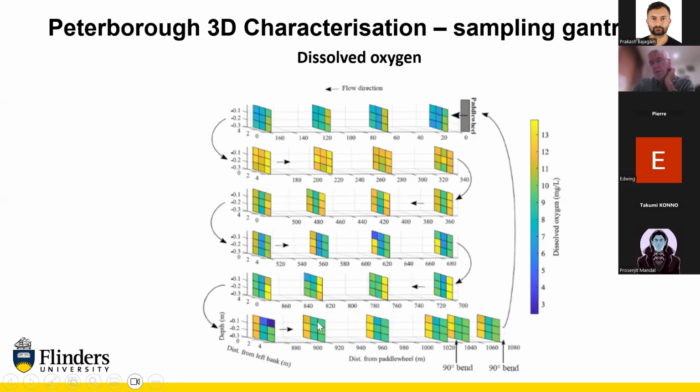It did not decrease after the paddle wheel. It was an aberration of that particular day, because it took us 12 hours walking up and down this kilometre to take a measurement here and a measurement here. There was about 12 hours difference, and we couldn't properly compensate for the diurnal change that naturally occurs in dissolved oxygen.